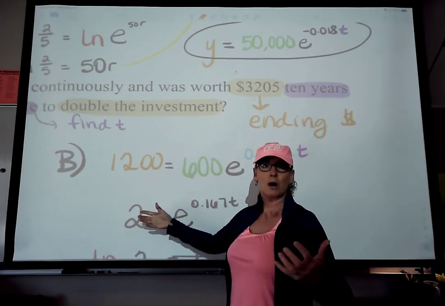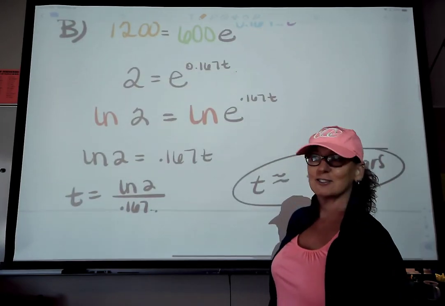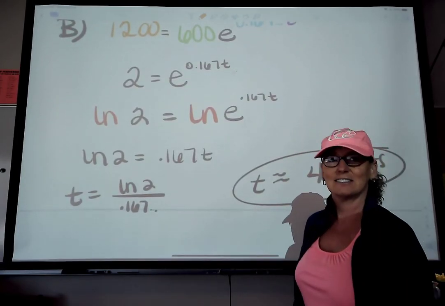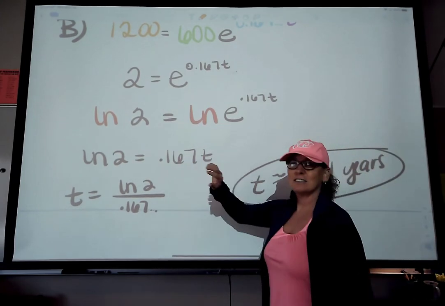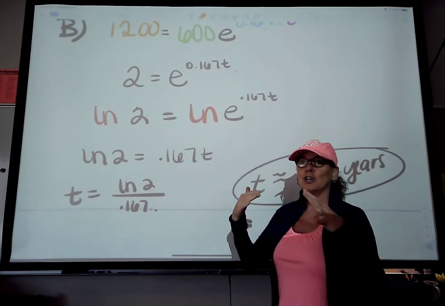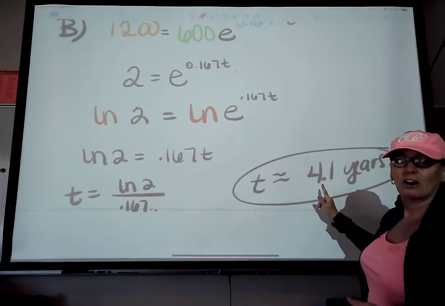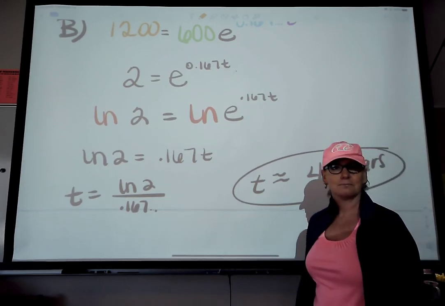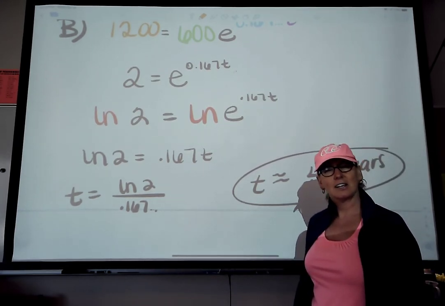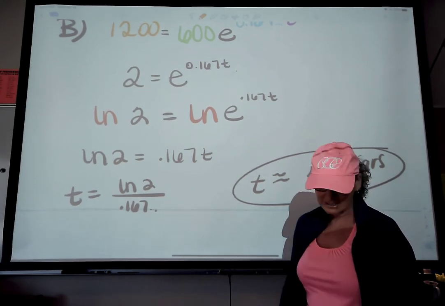Oh my gosh, our problem becomes exactly the same, which means our answer turns out to be exactly the same. So at this rate, it doesn't matter how much money you put in the bank. If that's your rate, it's going to take that long for the amount to double. That's kind of cool. You're kind of like, huh, didn't know that.